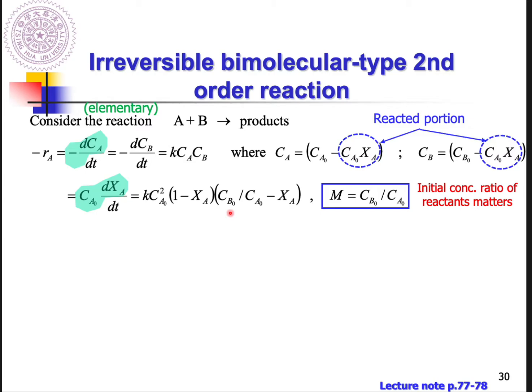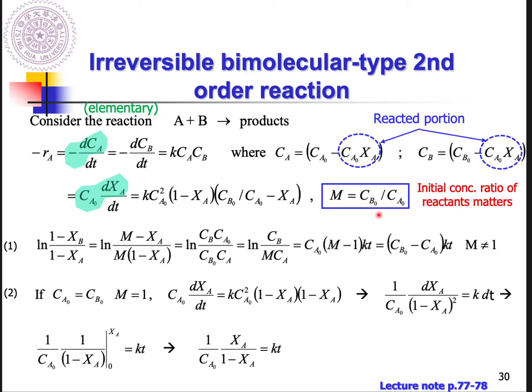But here we can simply find one thing: this term is really special. This is the initial concentration ratio between B and A, CB0 over CA0. So we use M to substitute it. So based on the value of the ratio between the concentrations CB0 over CA0, we can separate into two cases.